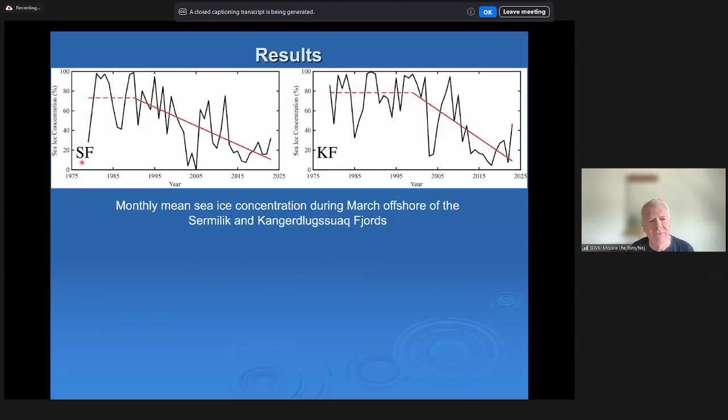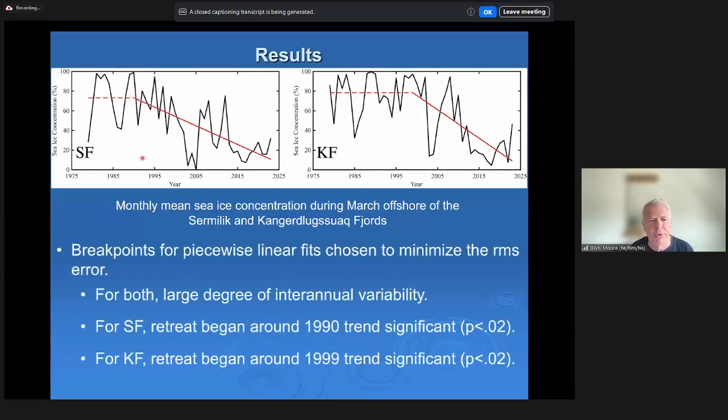So you can see there's the Sermilik Fjord. This is the Kangerlussuaq Fjord. And you can see in both cases, there was a period of time when the sea ice concentration was approximately constant, but of course varying. And then that was followed by a time when there was a steady retreat or reduction in the sea ice concentration. And you can do a breakpoint analysis and figure out that this breakpoint for the Sermilik Fjord occurred around 1990.